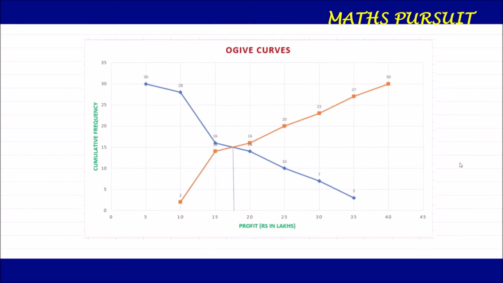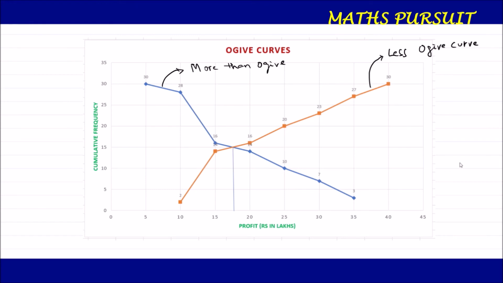The orange line represents the less than ogive curve, and the blue line represents the more than ogive curve. This is how we represent both graphs on a single x and y axis.